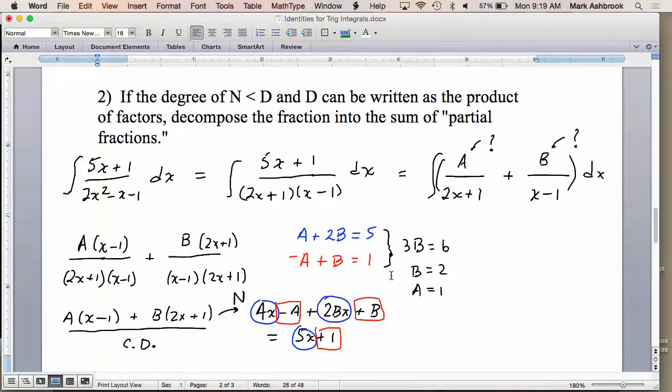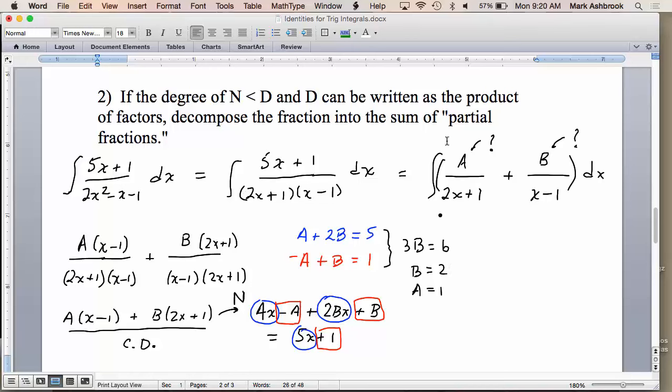Whatever method you want to use to solve the system is fine. Some people like using matrices, some like substitution or elimination. Any technique you've learned is fine. So now we've got A is 1 and B is 2.